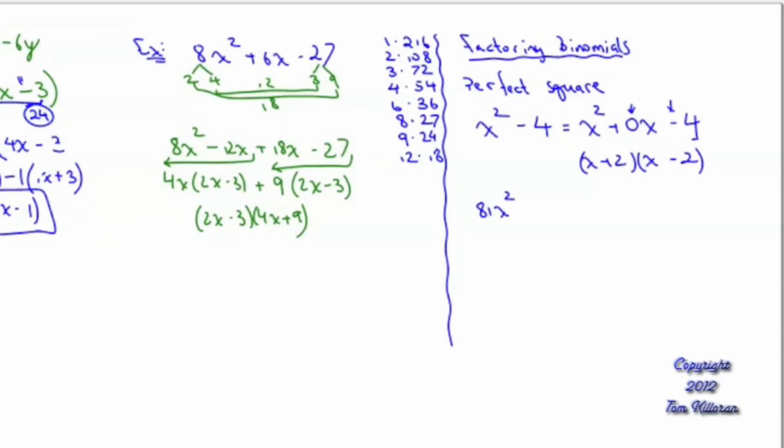81x squared minus 25? Well, they're perfect squares, and the technique actually works this way. x squared turned into x's, 4 turned into 2's. What property am I using? Well, how do you change a 4 into a 2? You can either divide by 2, or you could take its square root. So, square root of x squared is x, square root of 4 is 2.